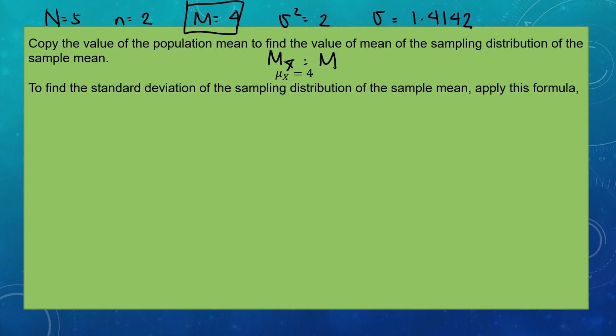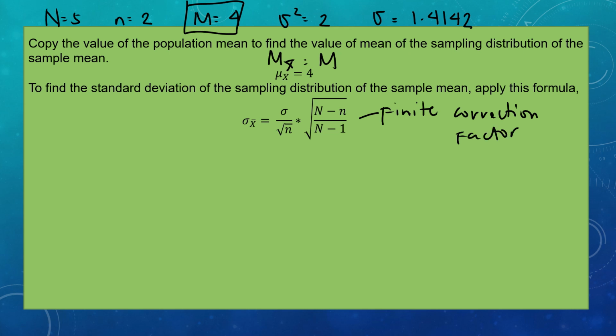The next one is to find the standard deviation of the sampling distribution of the sample mean. We need to apply this formula. As you notice, in our central limit theorem, the formula is simply sigma over square root of n. However, in our formula here, we have what we call the finite correction factor. So when are we going to use a finite correction factor?